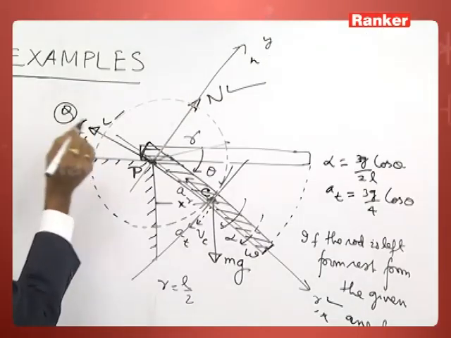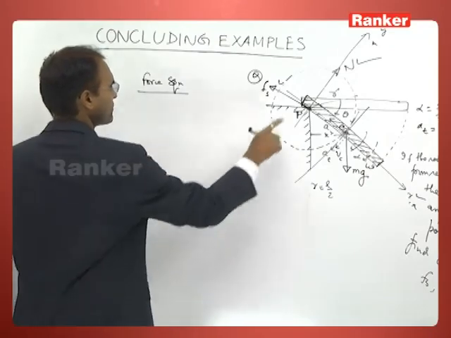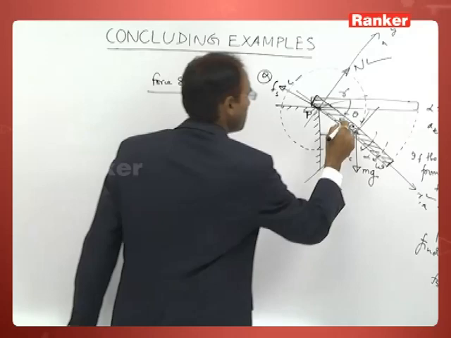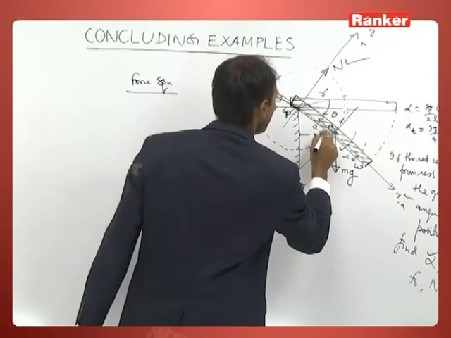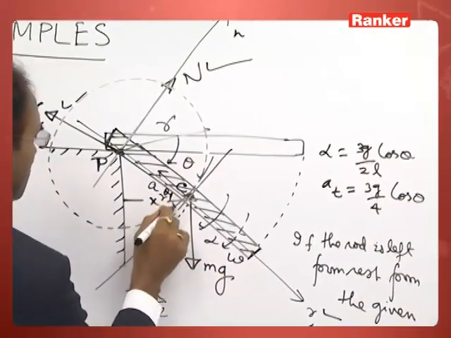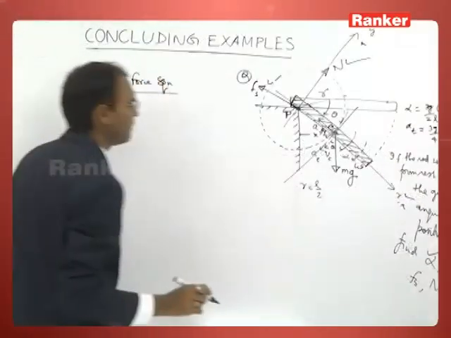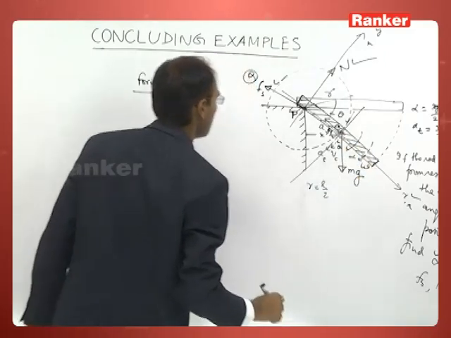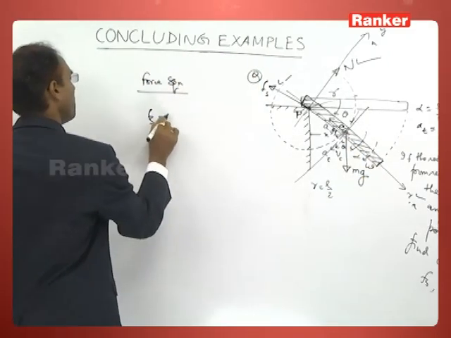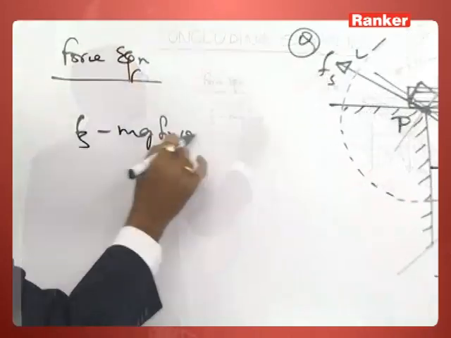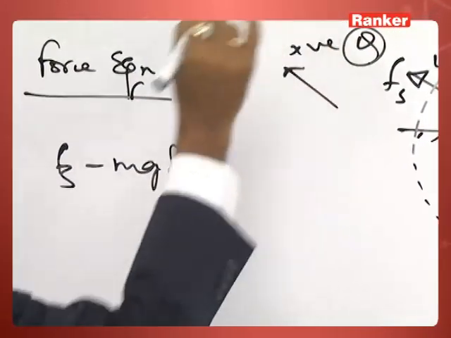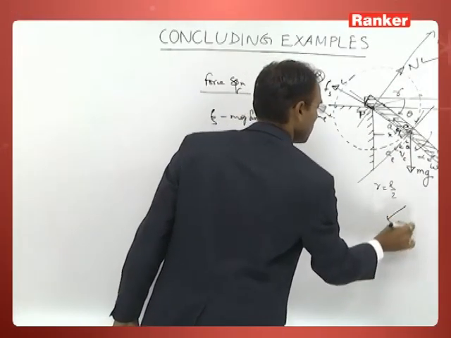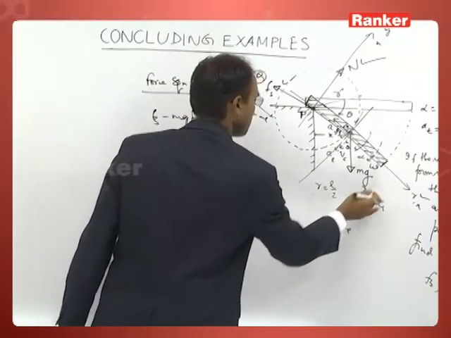So this is the static force of friction, Fs. And mg, if this is theta, this will be theta, this plus this 90, so this will be mg sin theta. So Fs minus mg sin theta. Let us assume that this is positive and this is negative.